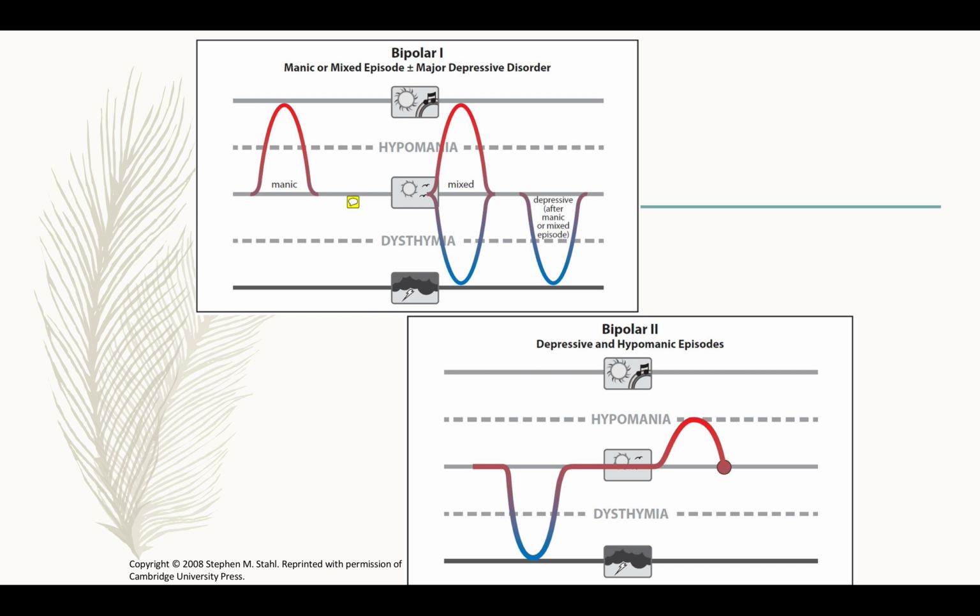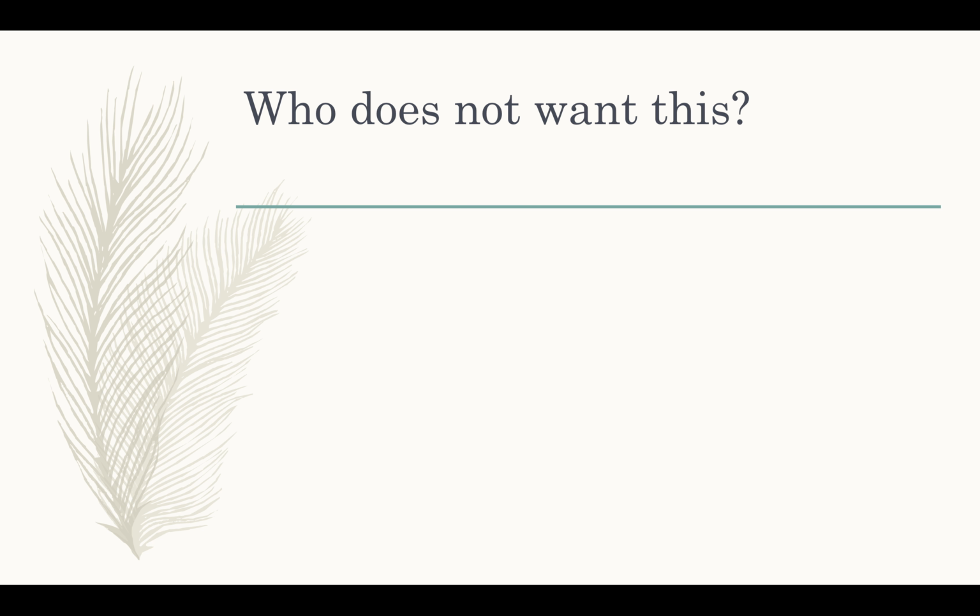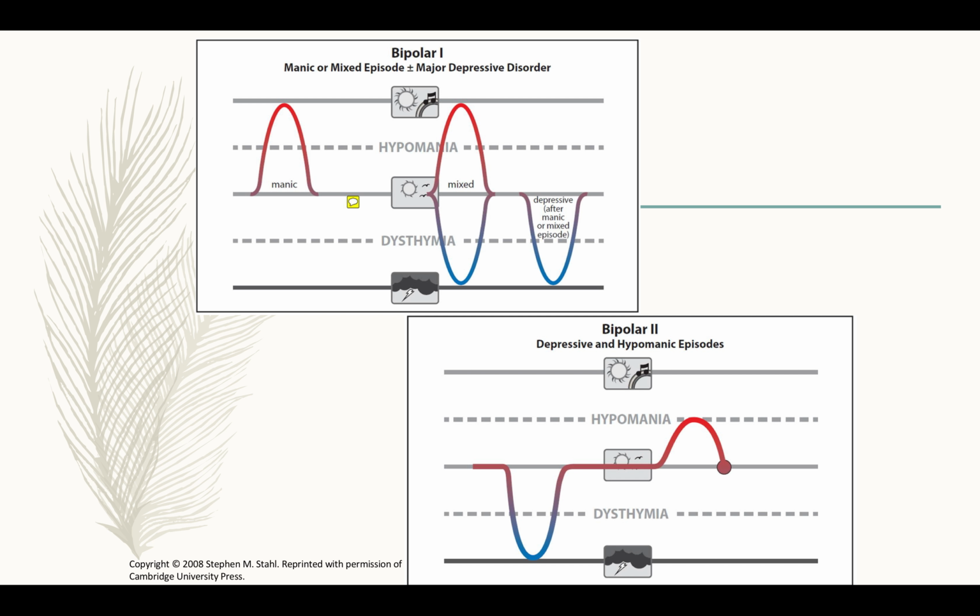So when we look at bipolar 1 and bipolar 2, you can see here, let me back up here. Sorry. You can see on the switches between bipolar 1 how extreme those mania episodes are in the very top level with the red lines, okay? It surpasses the hypomania, and it's to the extreme degree.